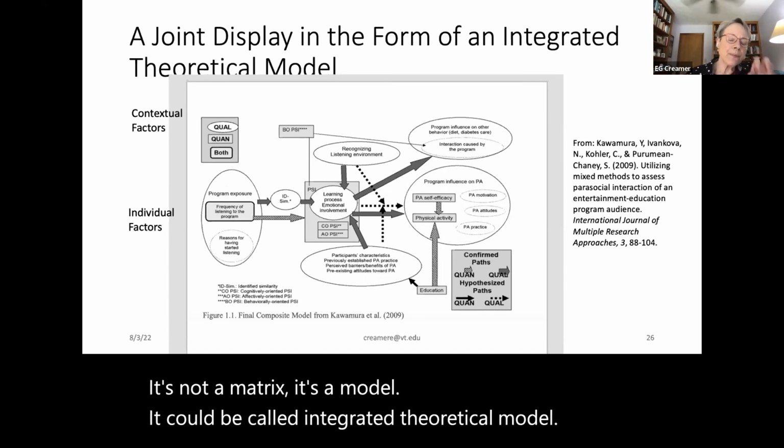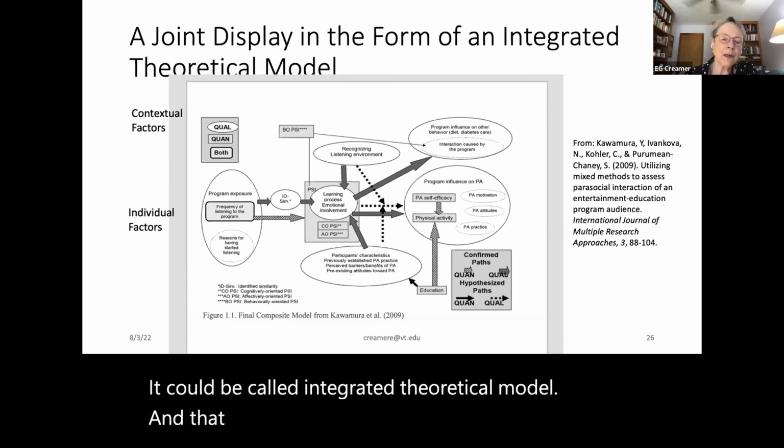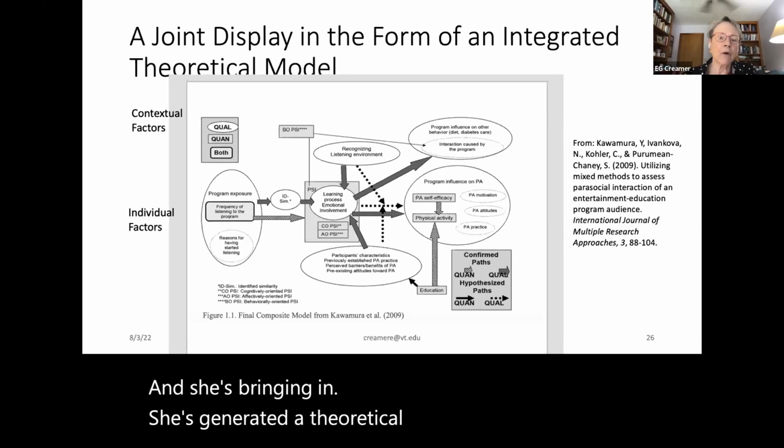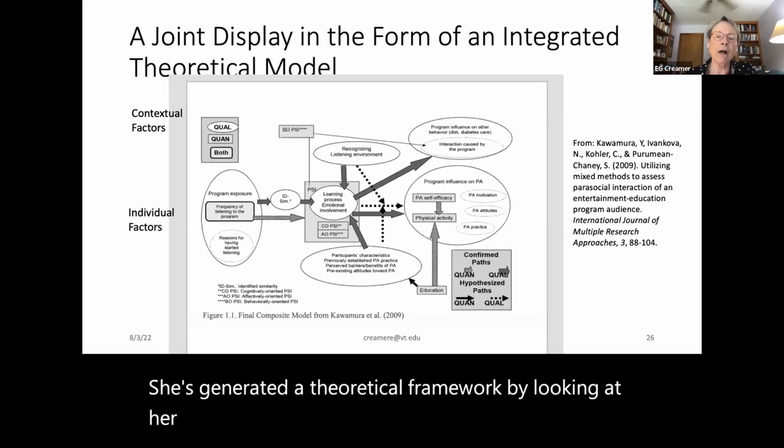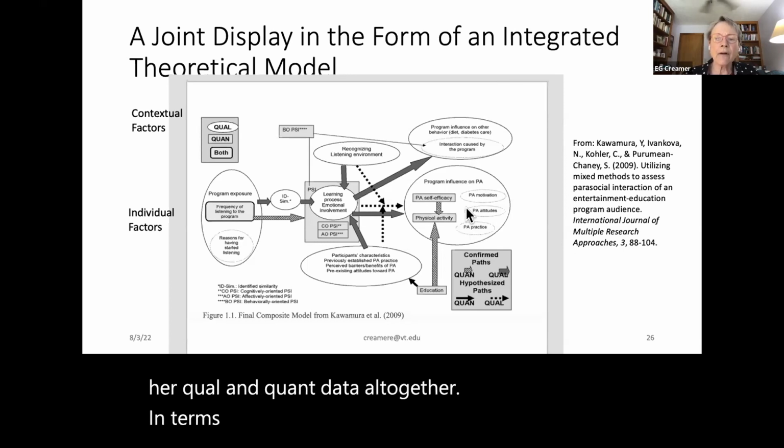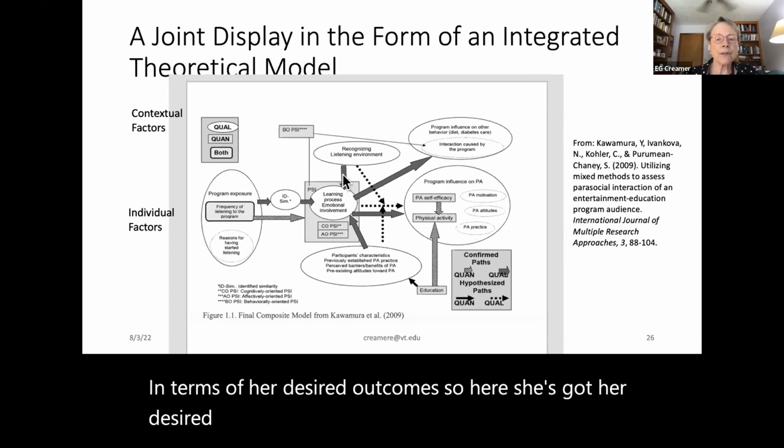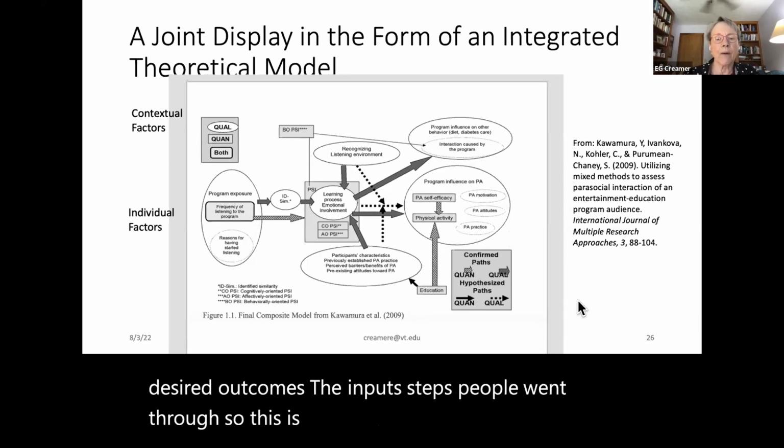in that she's generated a theoretical framework by looking at her qual and quant data all together in terms of her desired outcomes. So here she's got her desired outcomes, the inputs, steps people went through. So this is an integrated theoretical model. It's a joint display.